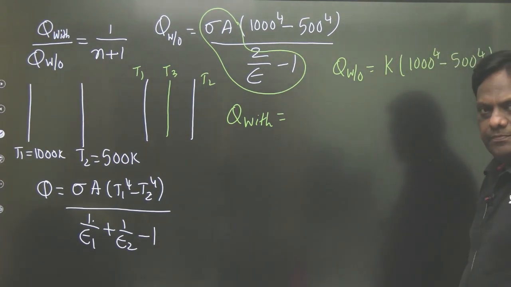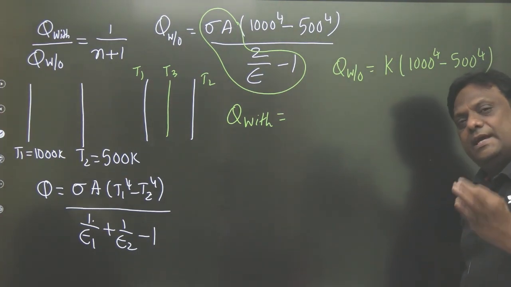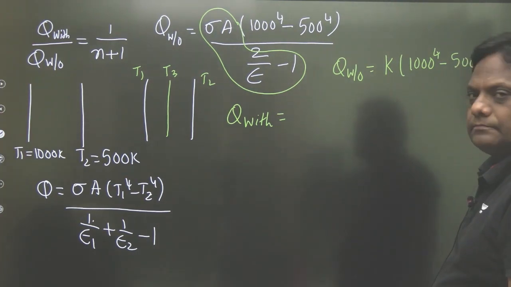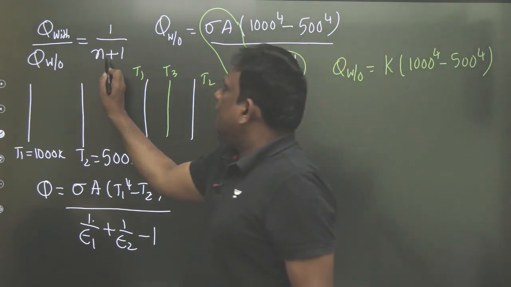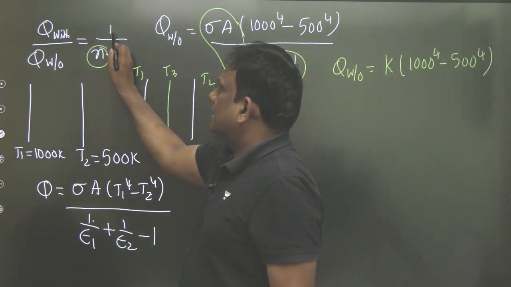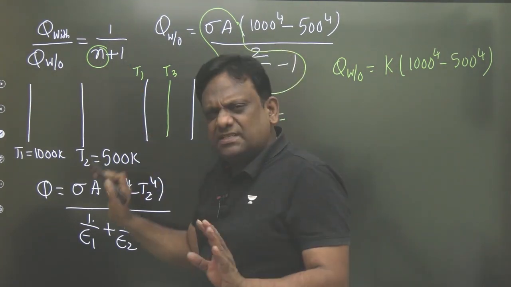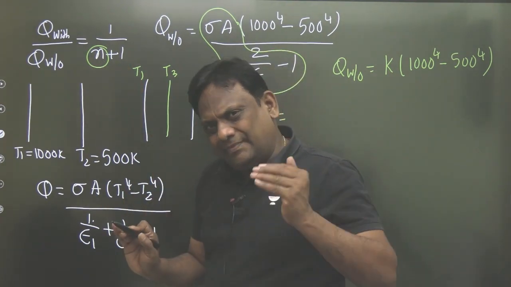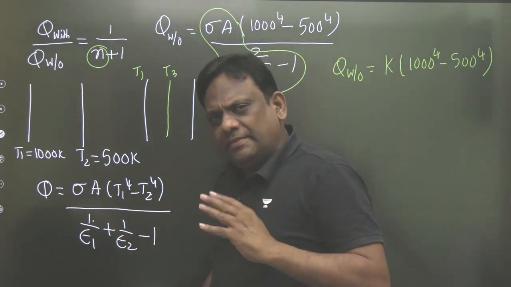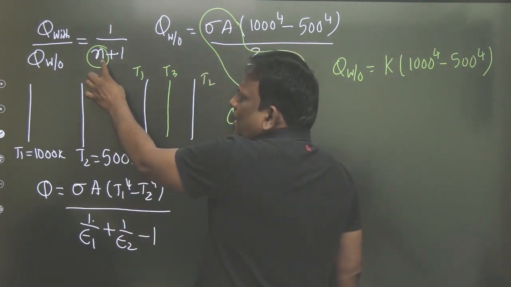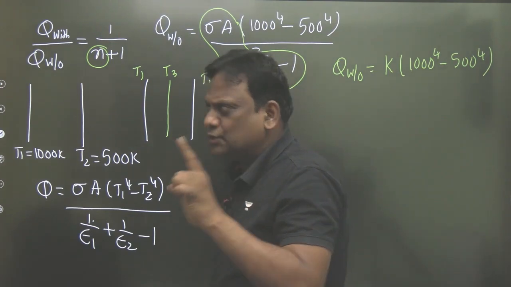Let us take one shield. What will be the heat transfer? First, I'll do it by trial and error, then I will give you the logic. Let me take the number of shields as 1.